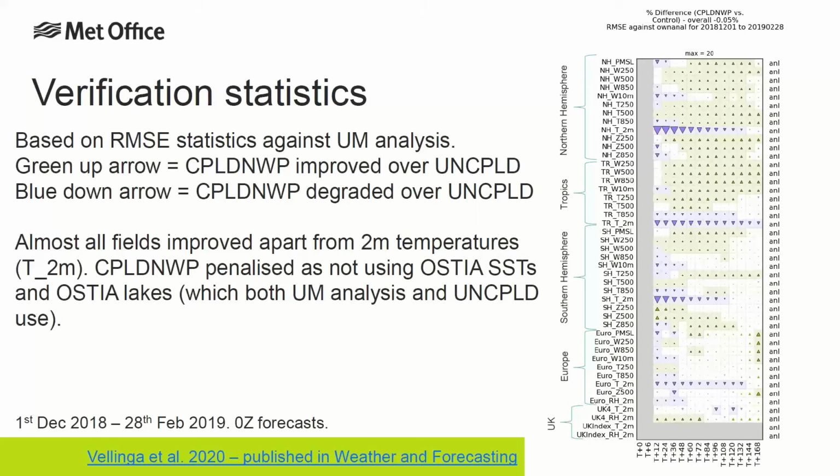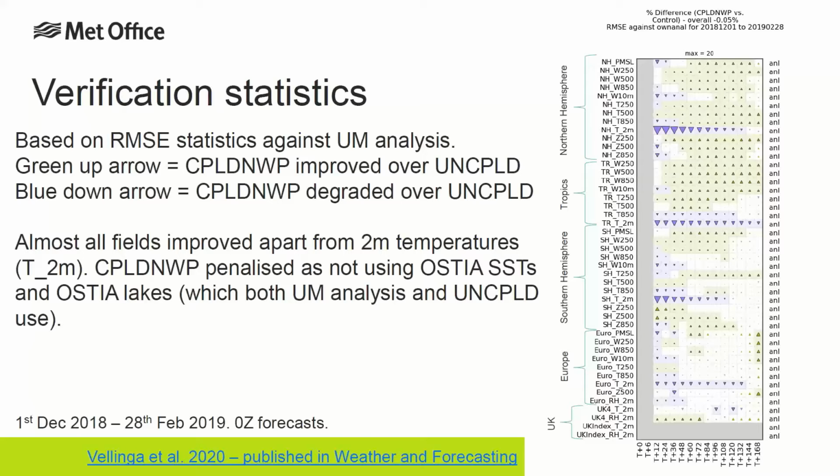So this is some top-level verification statistics. This is based on root mean square errors, comparing against our operational UM analysis. In the plot on the right, the x-axis is forecast lead time into the forecast, and all the symbols on the y-axis are different fields in different regions.